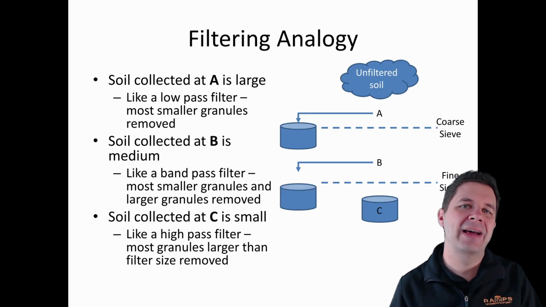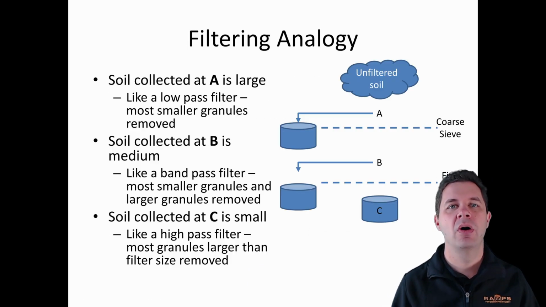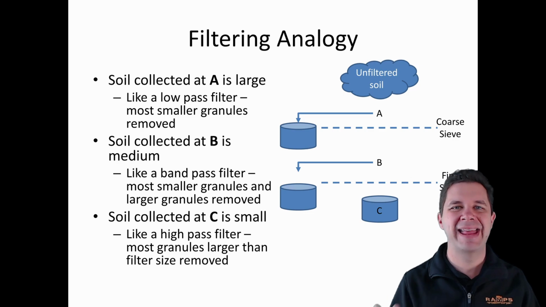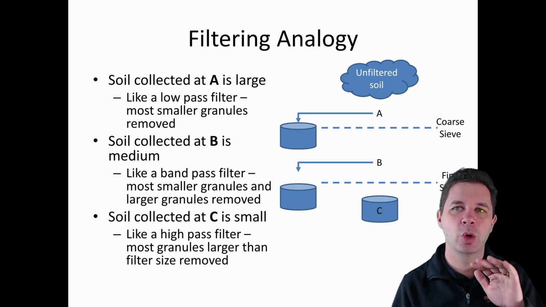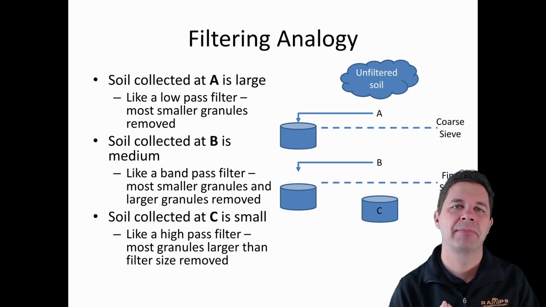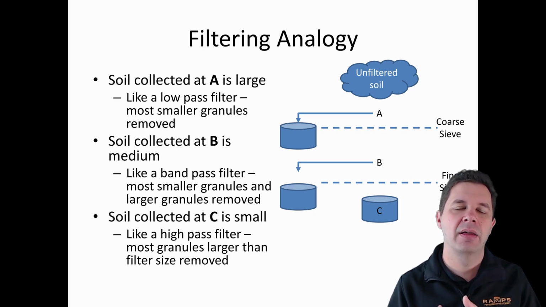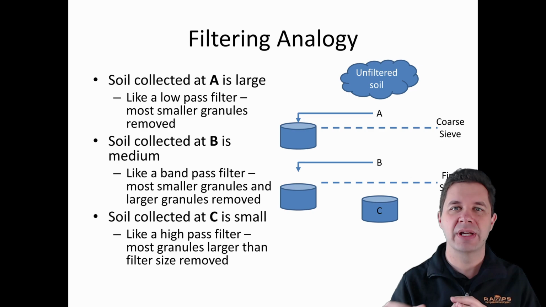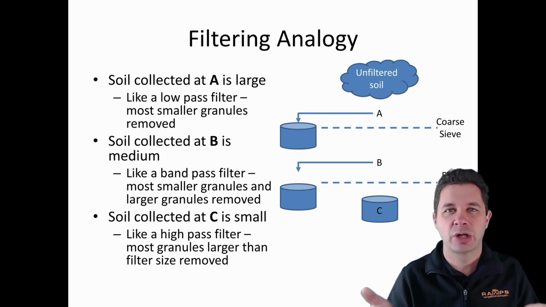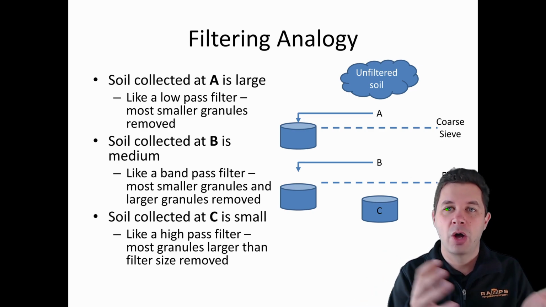Now, we can go back to our dirt analogy before, and rather than just having one sieve, we could have multiple sieves. We could have a coarse one and a fine one. And the soil that will go into bucket A is a bit like having a low pass filter, where most of the smaller granules are removed and we just have those larger granules that will go into that bucket.